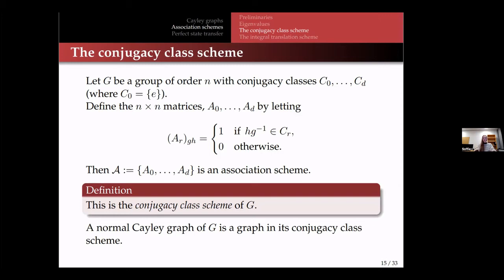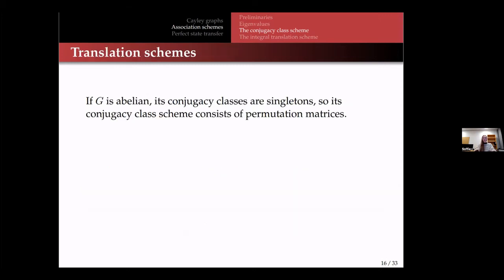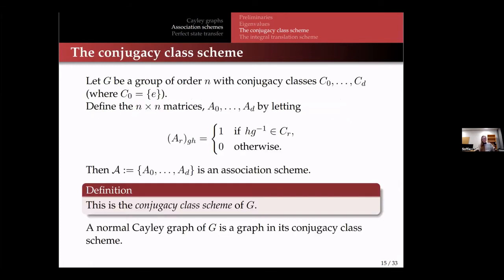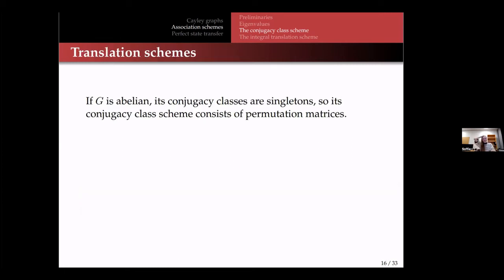Okay, so in particular, we're going to look at abelian groups, and for pretty much the rest of this talk, we're going to focus on abelian groups. So we have this conjugacy class scheme, and what happens to that when our group is abelian?